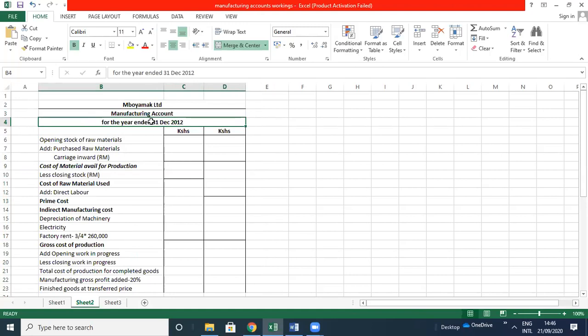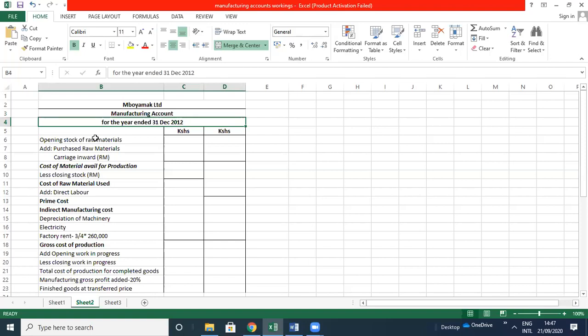I expect you to be very fast when you're giving me those figures. If you look at the figures given for Mboya, you will notice that there is opening inventory as at 1st January. We have raw materials, work in progress, and finished goods, so all of them have opening stock, or inventory.